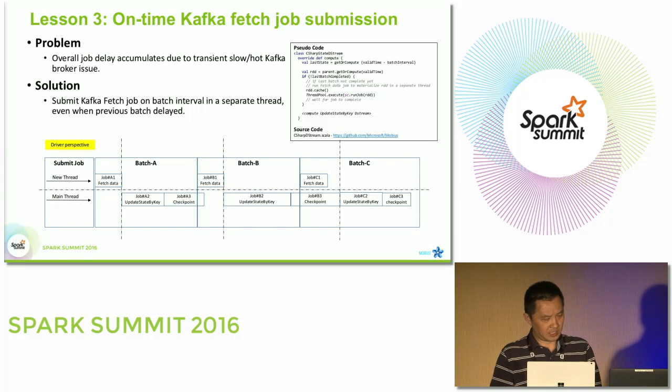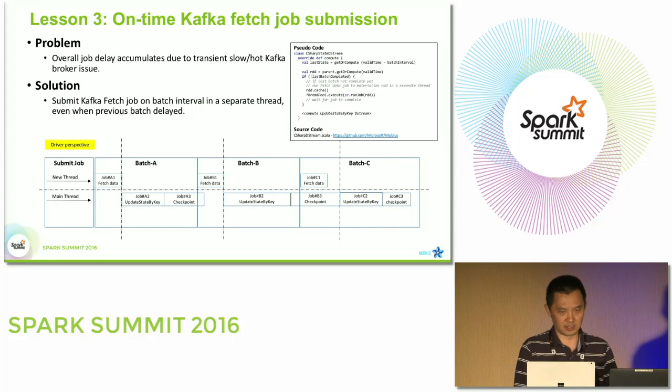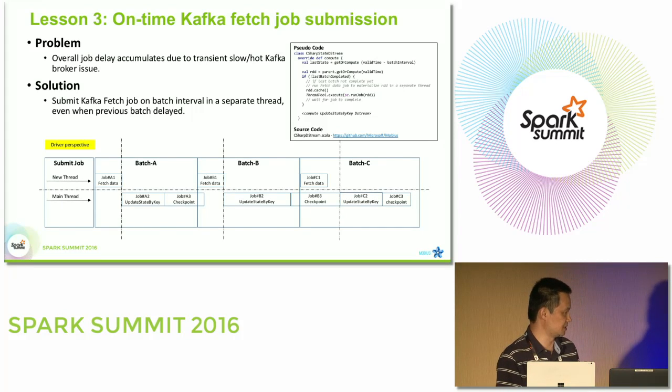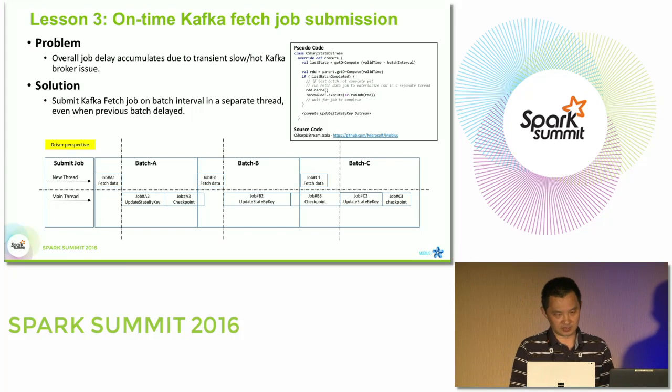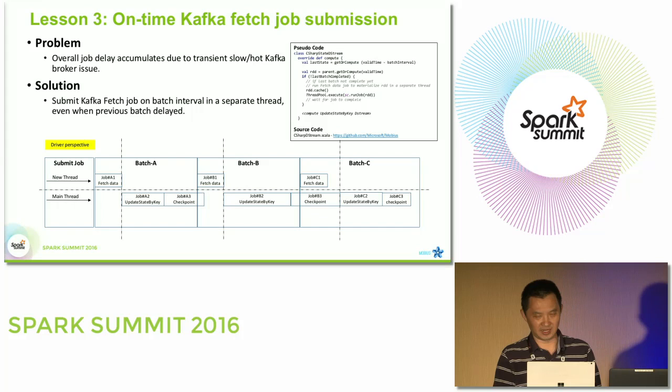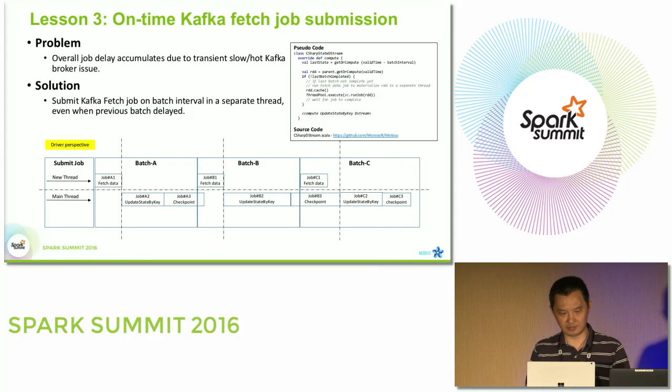As we enable the full scale of input data, we observe that there were almost always a few random slow or hot Kafka brokers, very slow, much slower than all the other ones, due to some unknown reason, regardless of the partition size. This is a different issue than the previous one, but has the same negative impact on the application's stability.